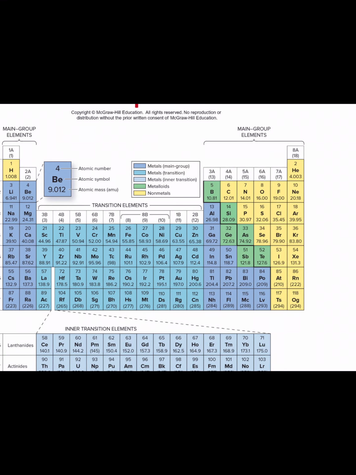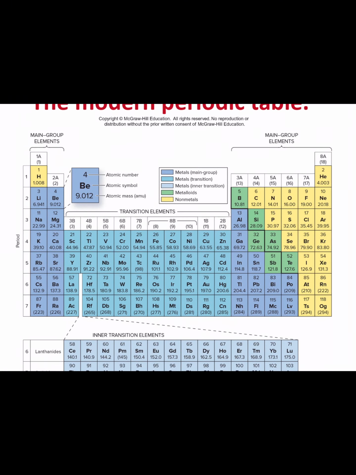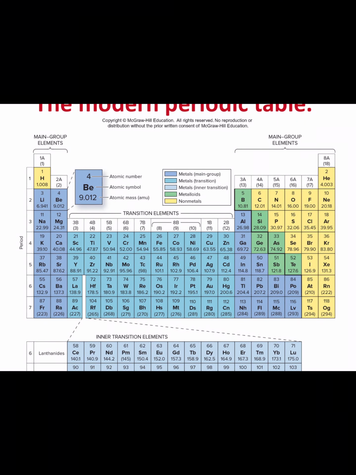So where is 38? 38 is Sr. Sr is strontium. So what is it? Is it a metal, metalloid, non-metal, or transition or inner transition? It's a metal because it's in the blue section, this section.